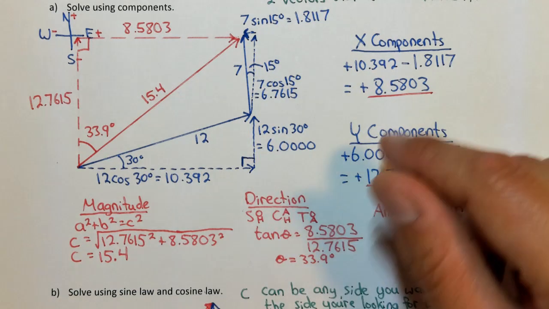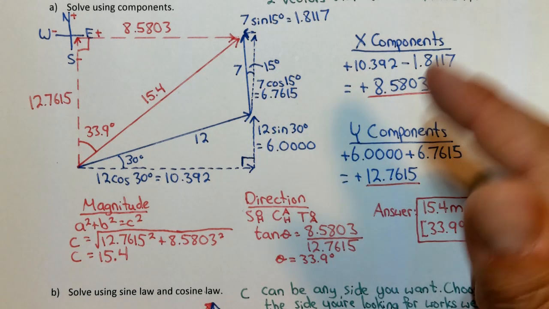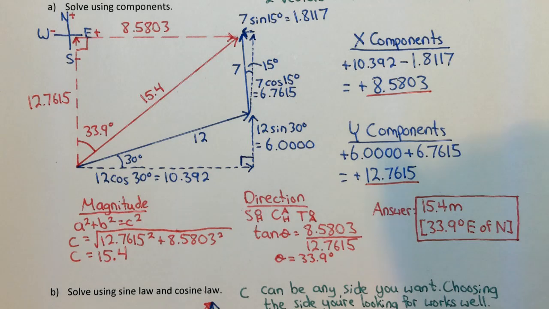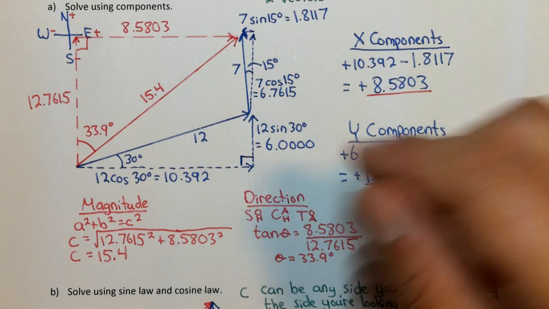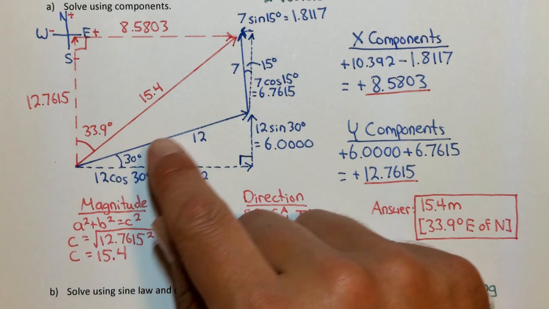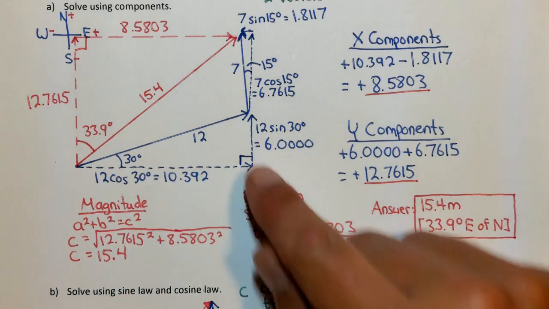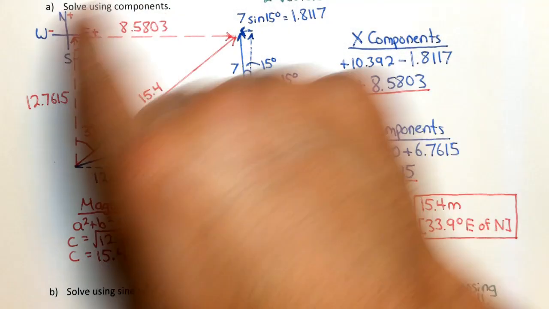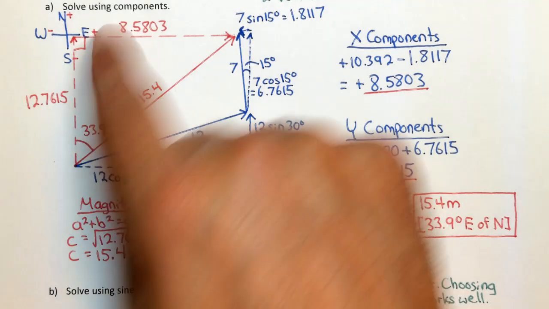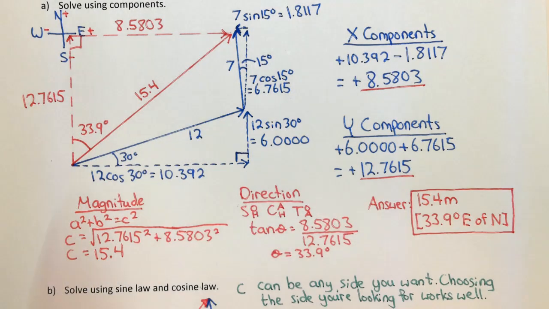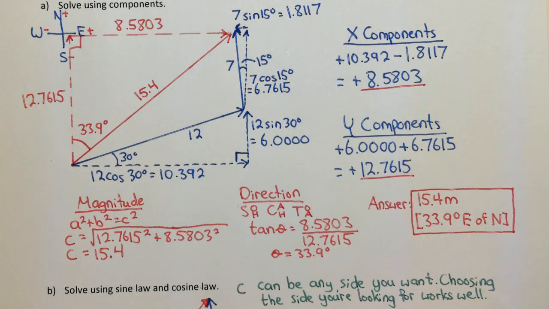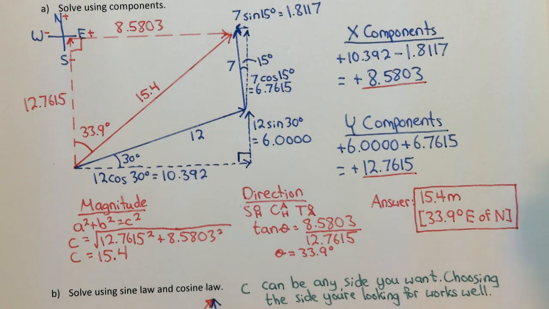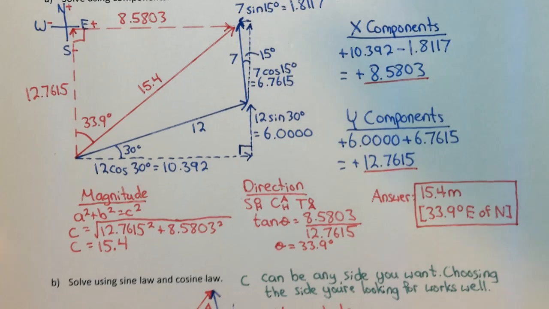And then I solved all those triangles. I used trigonometry, sine, cosine, tangent, and Pythagoras to get rid of the hypotenuses and find these legs. And then I used them again up here to combine these legs or these components to find the hypotenuse to get this resultant. Lots of simple math with simple triangles.